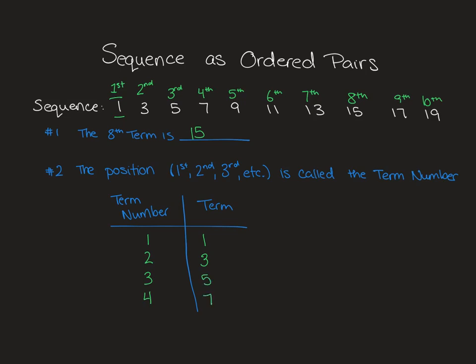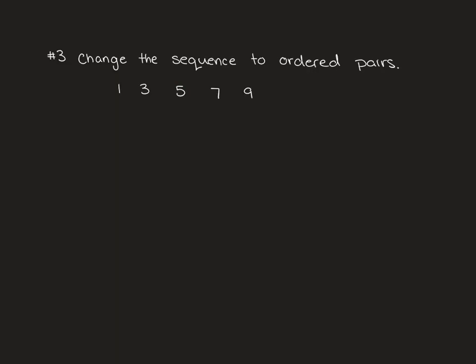In fourth position, we have 7. This should look fairly familiar to yesterday's work, and so it should be fairly simple to see how we could turn these into ordered pairs. We simply put our term number first and our term second.